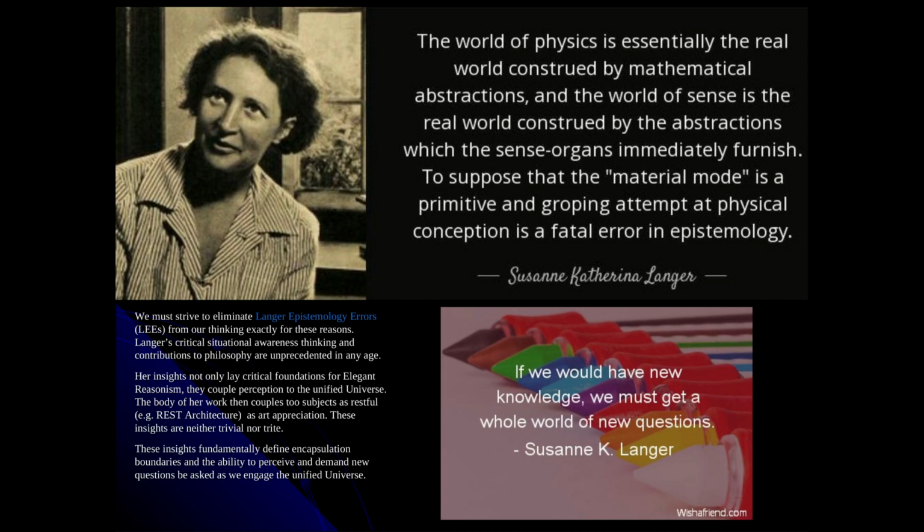She was just an incredible person, had incredible, insightful interpretation of symbology and epistemology. So much so that everybody pretty much blew by page 77 in Philosophy in a New Key. I can count on two hands how many people got that message when it was written back from the 40s through the 60s, and tried to say something about it, but everybody ignored them. And so we named Langer epistemology errors after her.